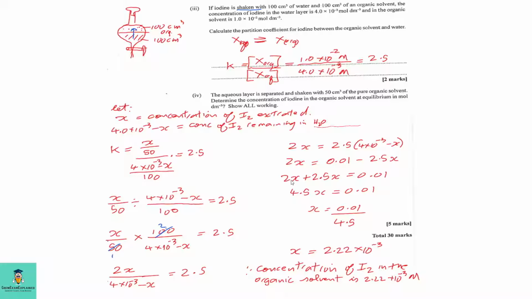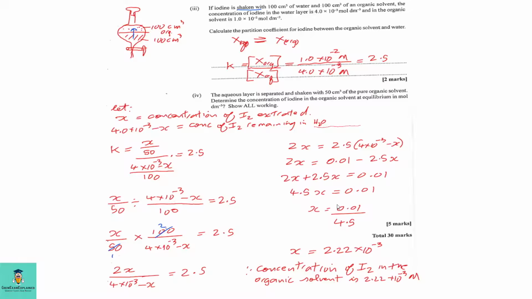Then we put the X values on the same side. It is negative here; once I bring it over, it becomes positive. So it's 2X plus 2.5X equals 0.01. 2X plus 2.5X is 4.5X, equals 0.01. And now we can divide by 4.5.